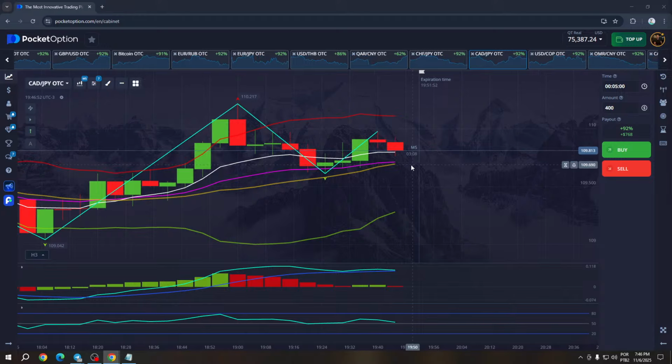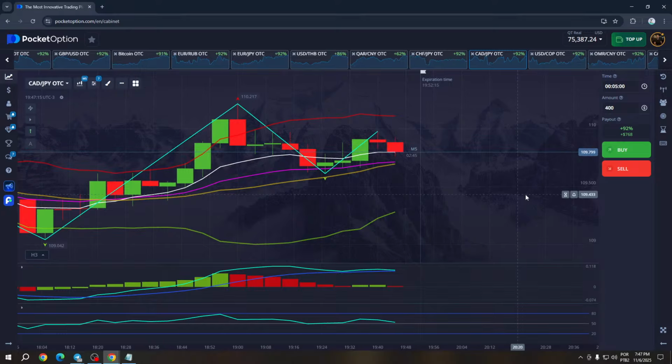Compound trade, man, sometimes it's very, very good, but sometimes it's a risk. It's like the same under the strategy called hand of God. All the profits that you just earned, you put back into the game.